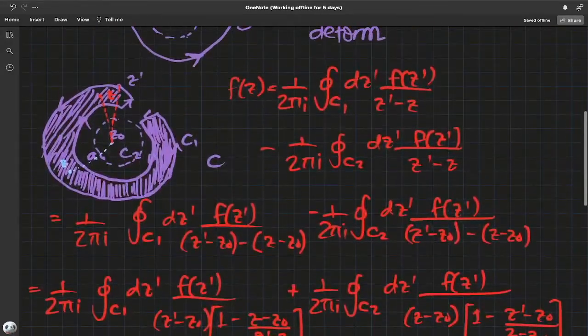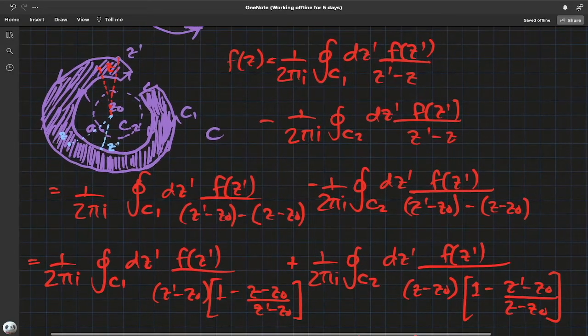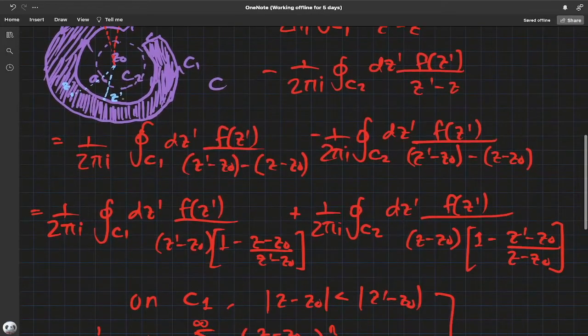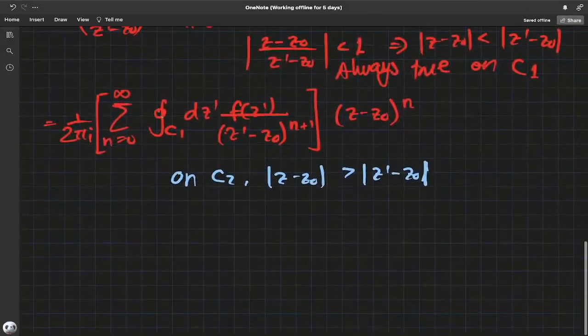Now z prime for the C2 integral is going to be here on the C2 contour. So you see z minus z naught is always going to be greater than the distance between z naught and z prime. So it's the opposite of the condition for contour C1.